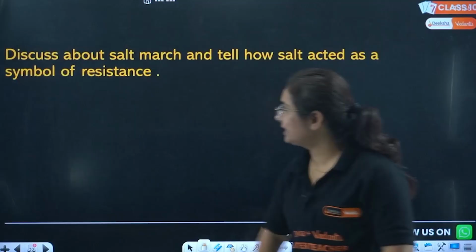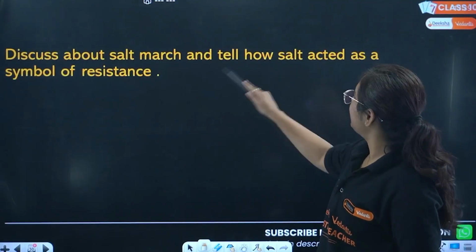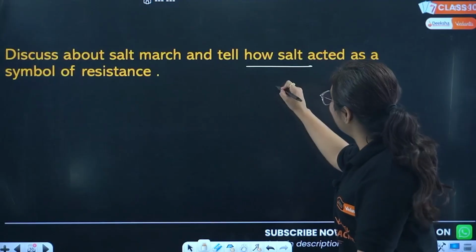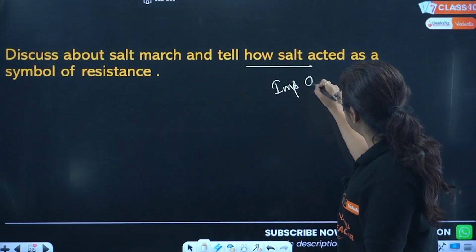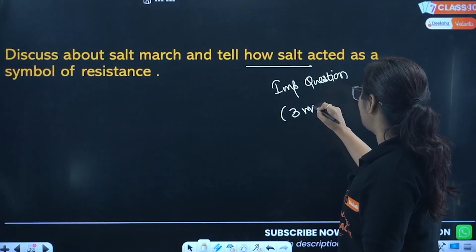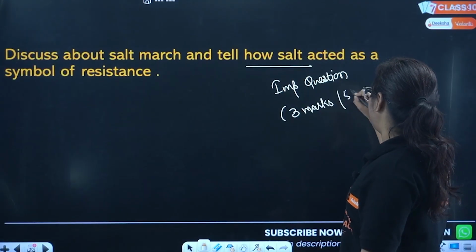So now what happened? Discuss the Salt March and tell how the Salt March acted as a symbol of resistance. Very important question. It can be asked either for 3 marks or for 5 marks.